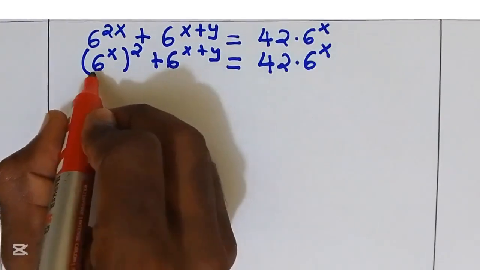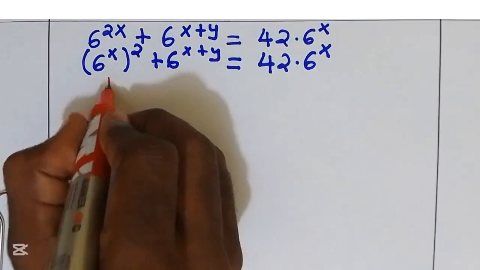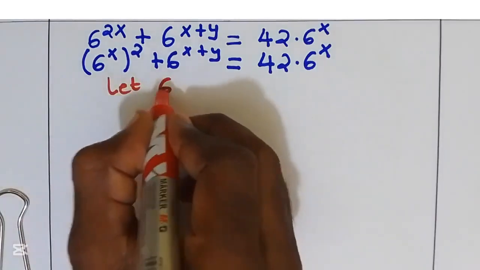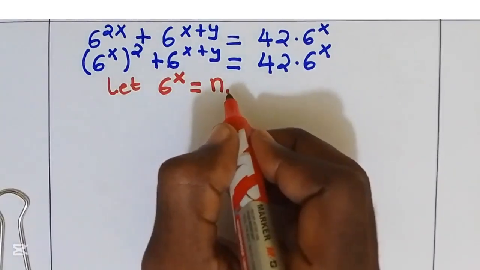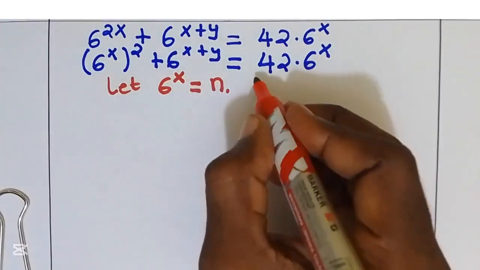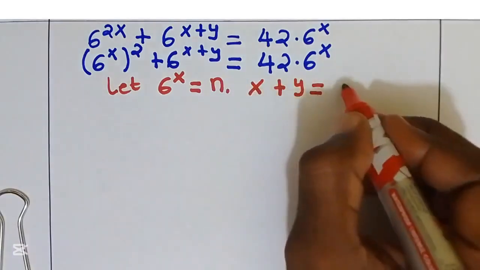Now we have 6 power x here and 6 power x over here. We are going to let 6 power x be equal to n. And also we know from equation 2, x plus y is equal to 3.